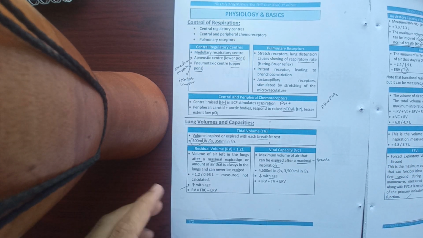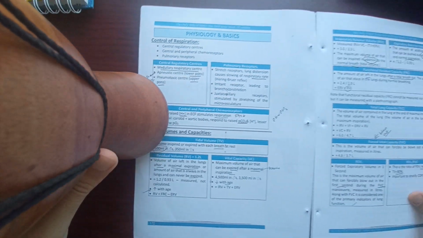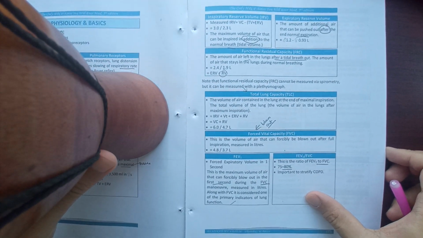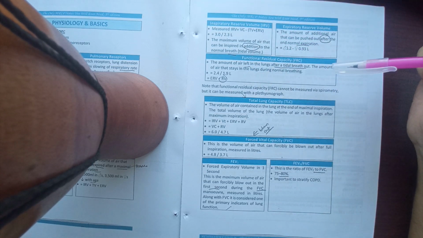Alright. Next is inspiratory reserve volume. The measured IRV equals VC minus this. So inspiratory reserve volume is the maximum volume of air that can be inspired in addition to the normal tidal volume.